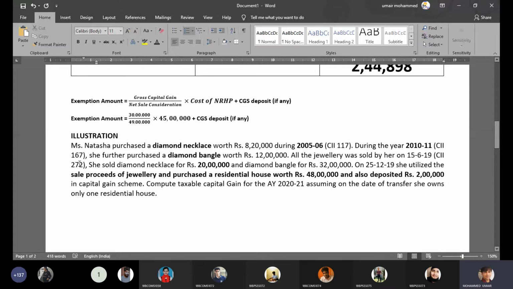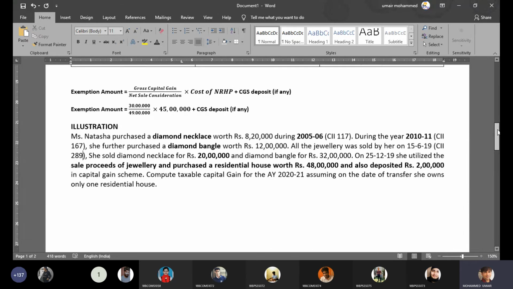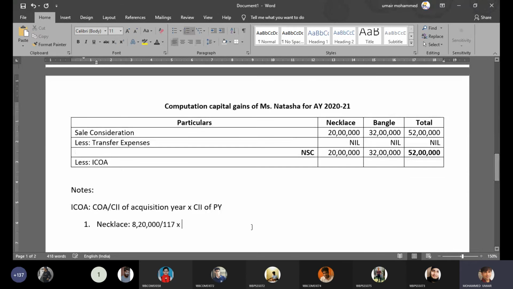It's given incorrectly here, I want you to change it. It's 289, not 272. So please change this to 289. How much would this be? This will give you 20,25,470.